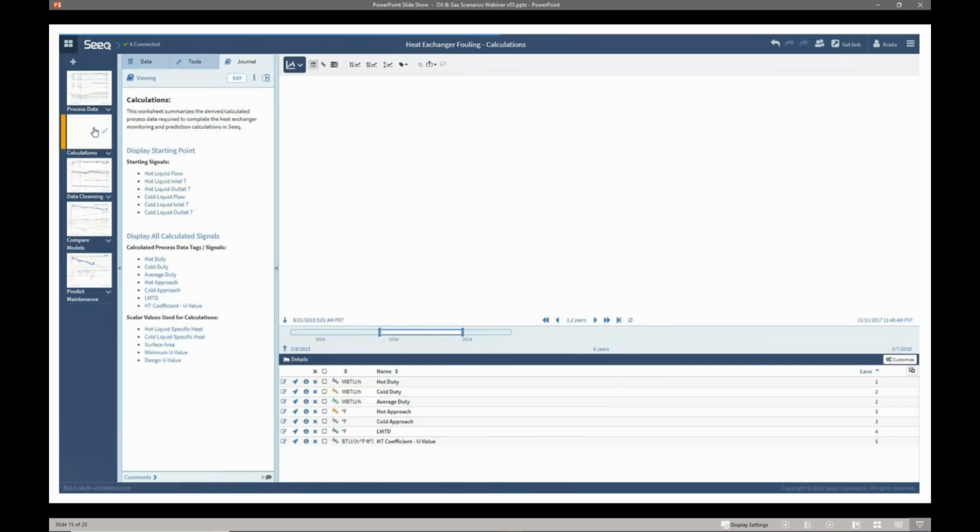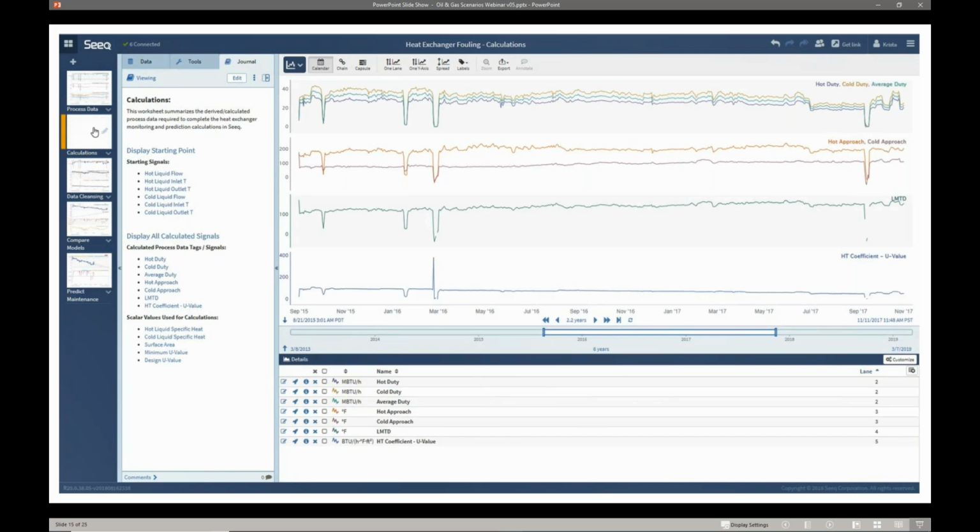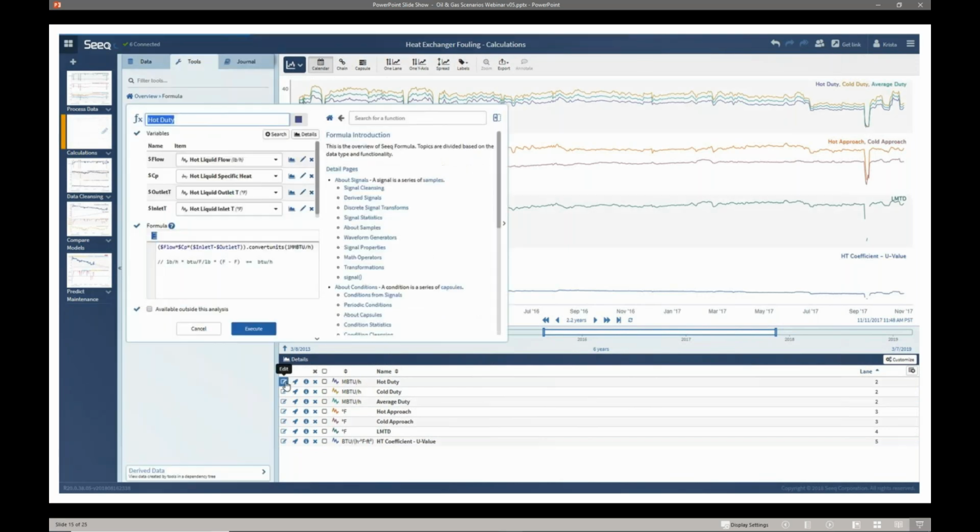I'm going to go to my calculations tab, and my first step is to calculate some relevant parameters that describe the fouling. I'll start by looking at my hot duty as an example. I'll open this up in Formula, and you can see that I can use Seeq's formula to calculate my hot duty from my flow rate, specific heat, and my outlet and inlet temperatures.